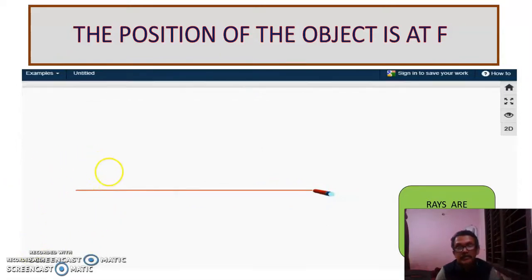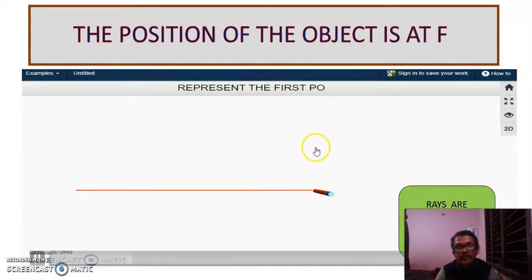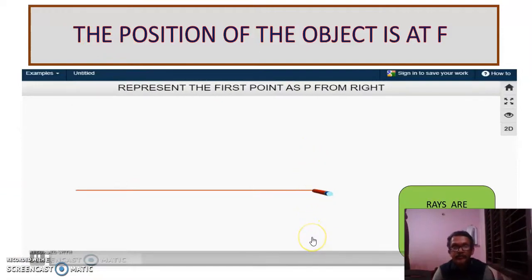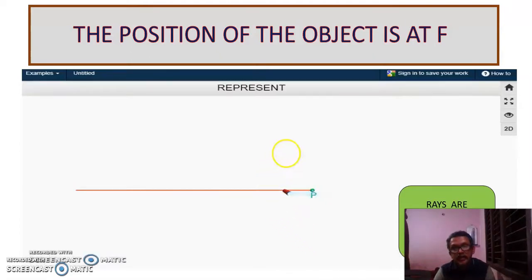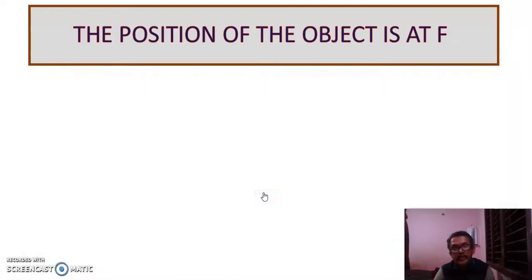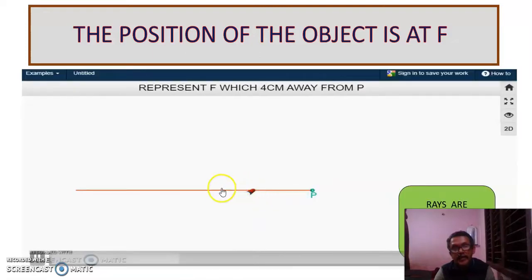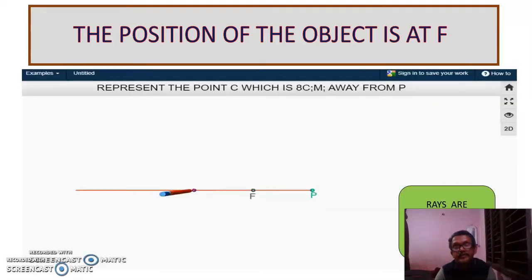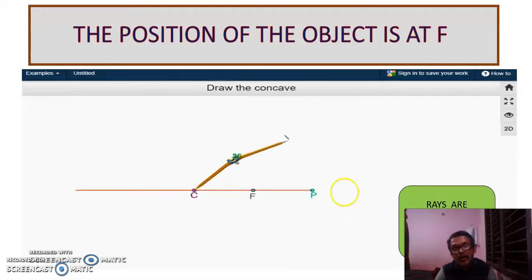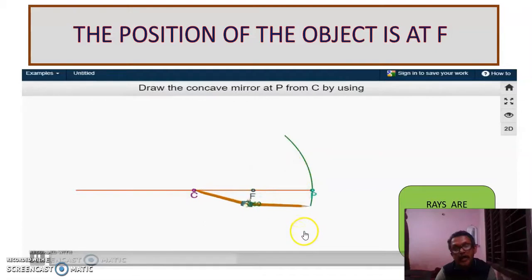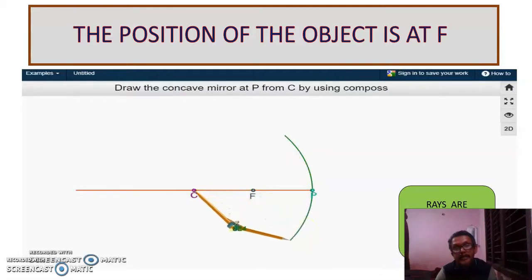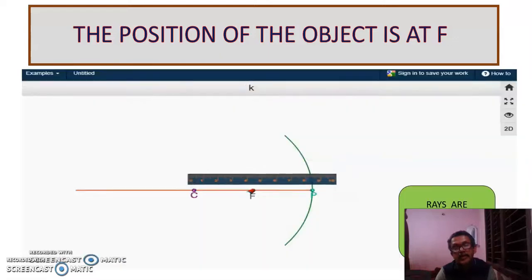Here, this point is P, and take 4 centimeter away from P, that is F. Then again 4 centimeter away from F, that is C. Now draw a mirror like this.